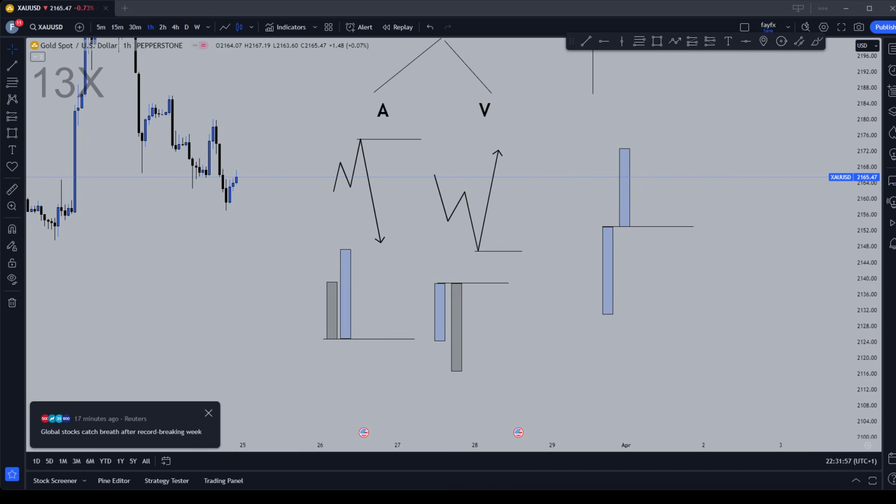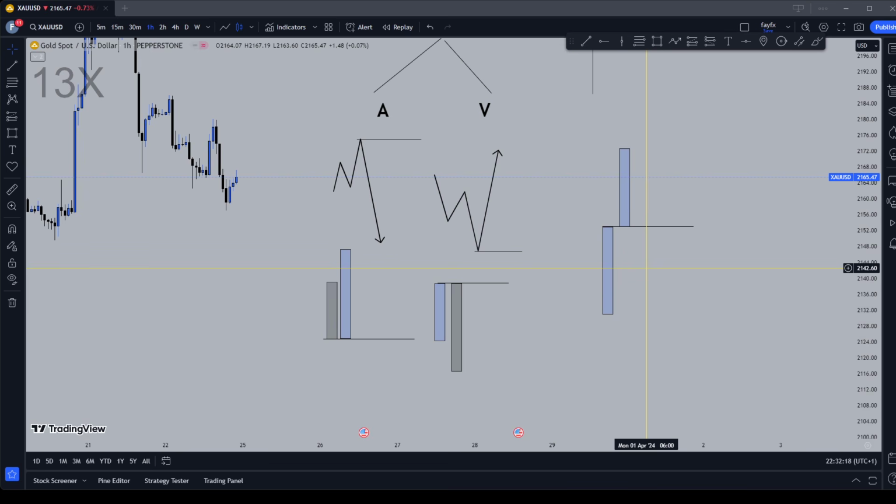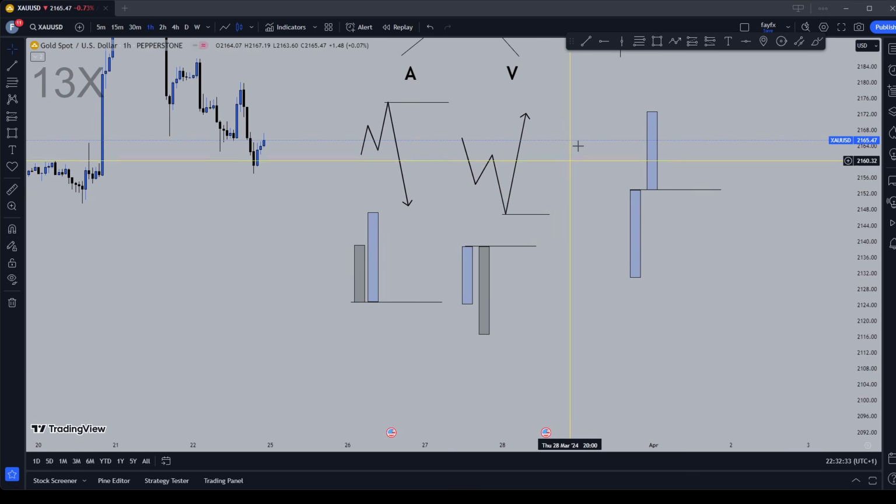One thing you should remember: we can only say that we have classic or gap levels after seeing the closure of the candles that form the level. What's the meaning of that?